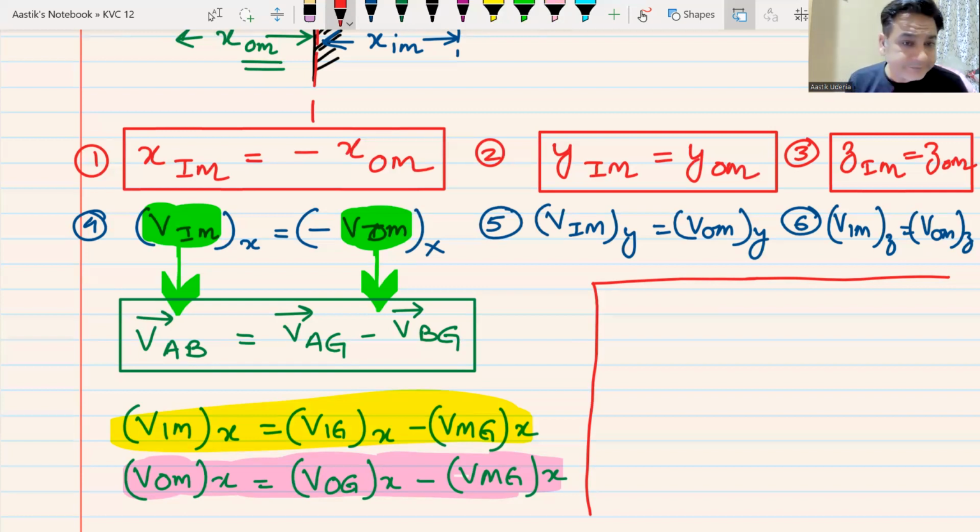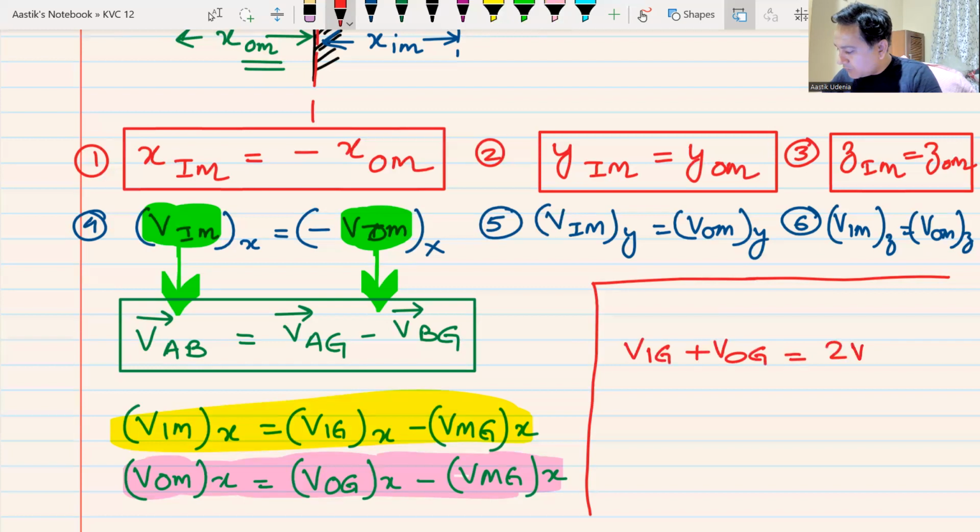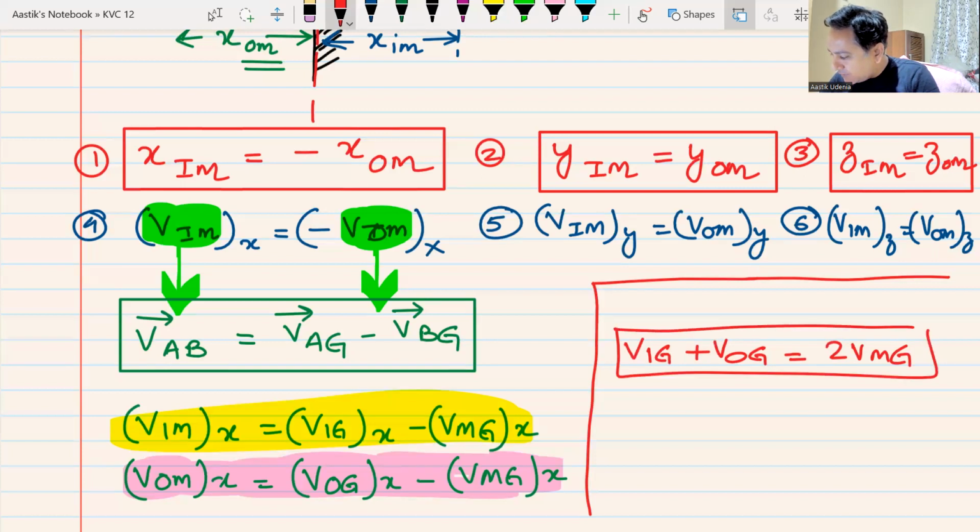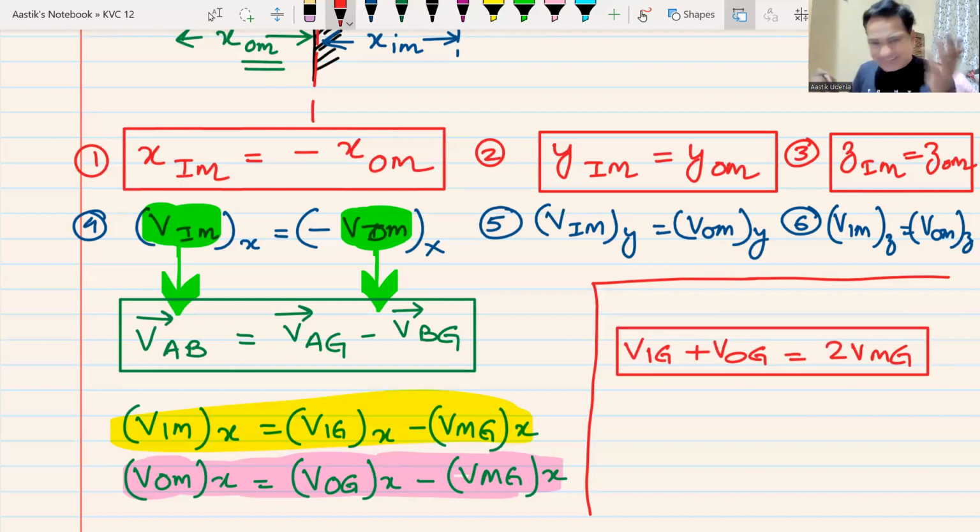No one? Ready? So I will write it. Velocity of image with respect to ground plus velocity of object with respect to ground will be equal to 2 times velocity of mirror with respect to ground. I have omitted the x sign because this x-axis is looking bad.